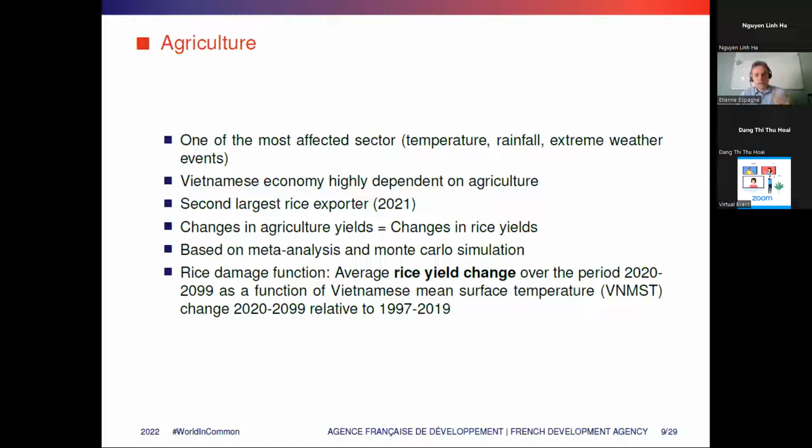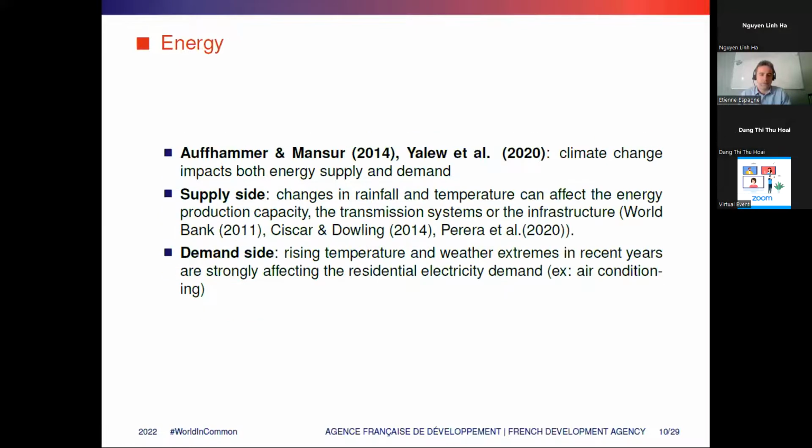And we know that climate change through temperature, rainfall, and extreme weather will affect agricultural yields, especially rice yields. And we've used all existing studies from the last 5 to 10 years to build, out of the data of these existing studies, a kind of average rice yield change that we will use as a damage function for the rice sector in our macroeconomic model afterwards.